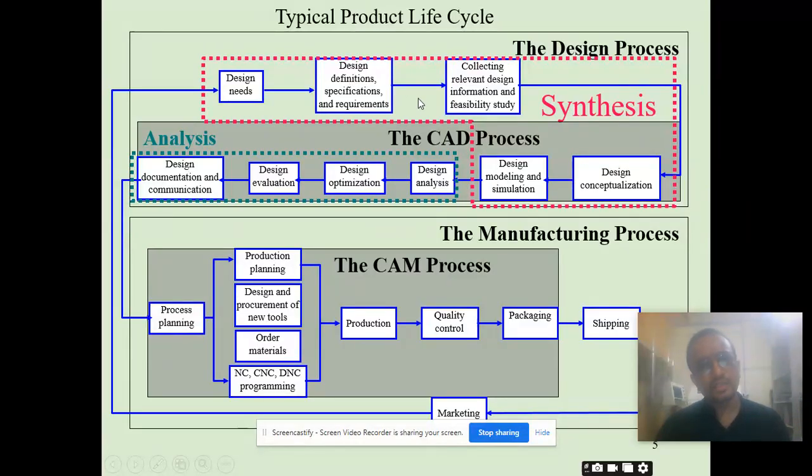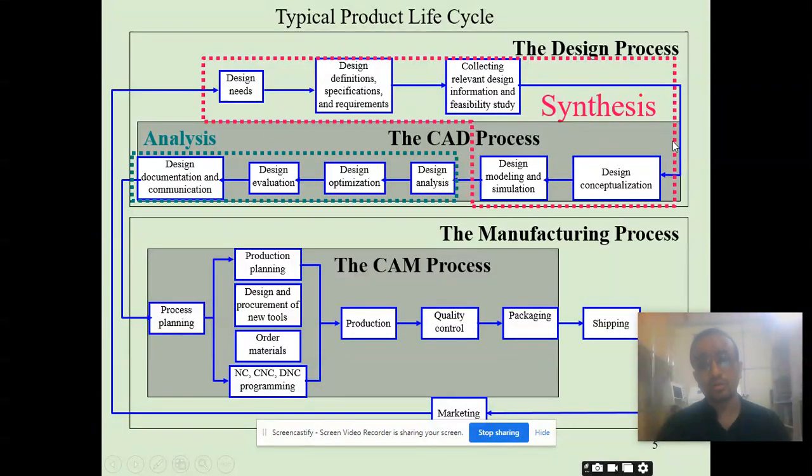Second, design the definition, specification, and requirement for designing the particular product. Then third one, collecting the relevant design information and feasibility study. So this is more important. Collecting relevant design information and the feasibility study. Feasibility study means whether this product is feasible to produce in a mass quantity or in a custom quantity, that need to be found out in this phase.